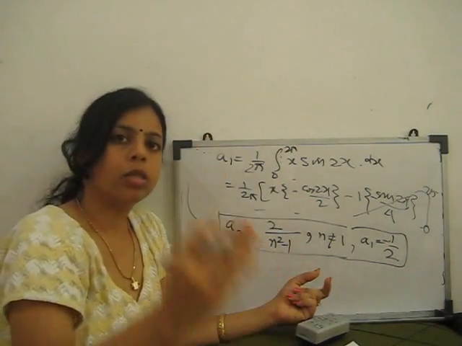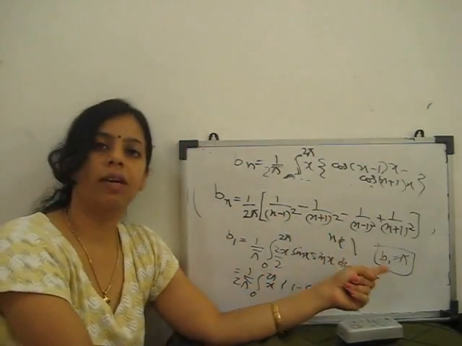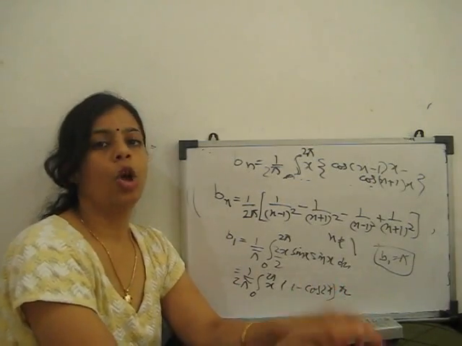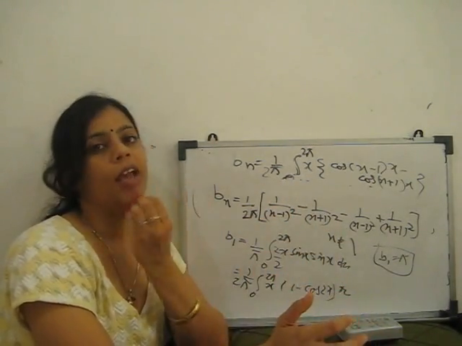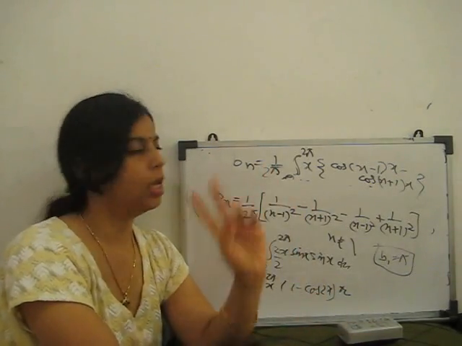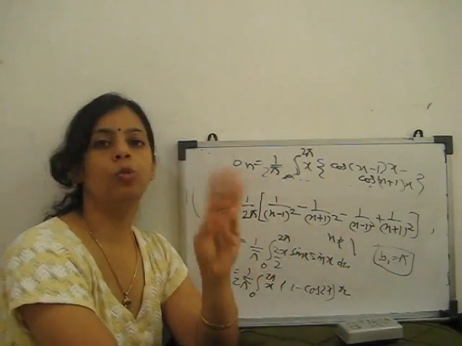Similarly, the same process for bn. We go for n, and this gives b1 equal to pi. Now we substitute all these values of a0, a1, a2, a3 with the help of an. We have to find at least three values, a2, a3. With the help of this bn, we find b1 is this, then b2, b3.